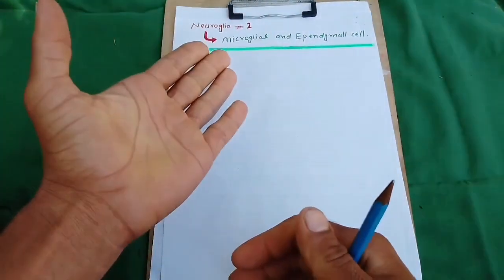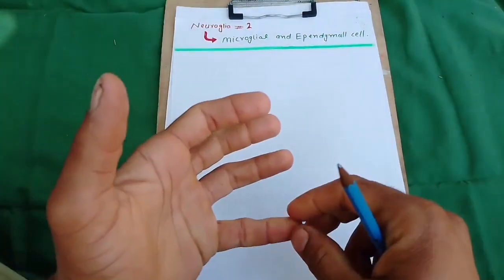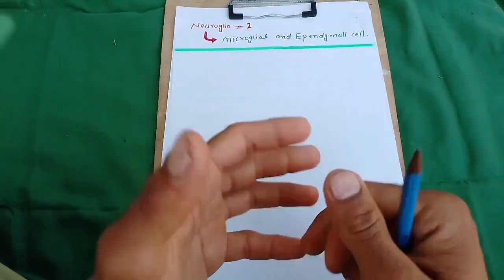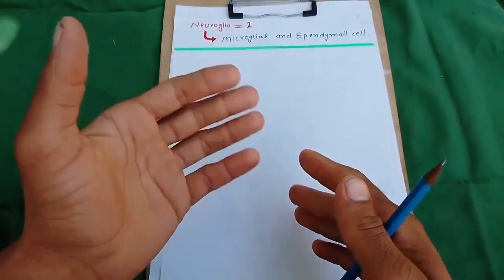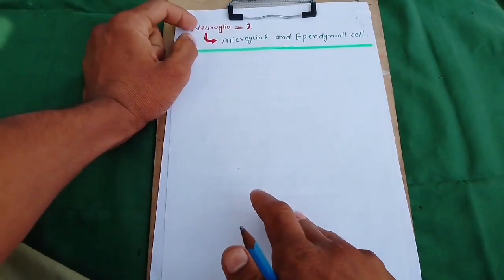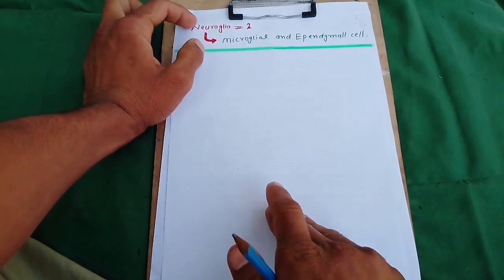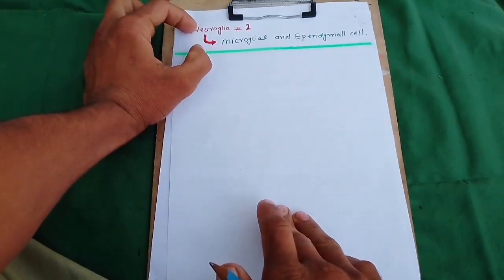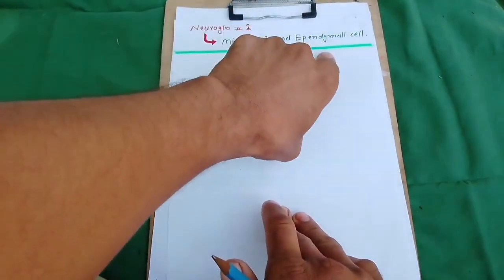Microglial cell and ependymal cell are types of the neuroglia, along with Schwann cell, oligodendrocyte cell, satellite cell, radial cell, and many others. From the previous lecture you can get a flow chart for the neuroglia cell and its types, but in this lecture I only discuss what is microglial cell and what is ependymal cell.